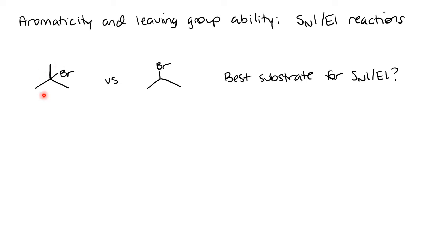Now we have a tertiary substrate here and a secondary substrate here. Once our leaving groups leave, we will form a tertiary carbocation and a secondary carbocation. So we know that tertiary carbocations are the most stable, so that's going to make our tertiary substrate the best substrate for an SN1 reaction.